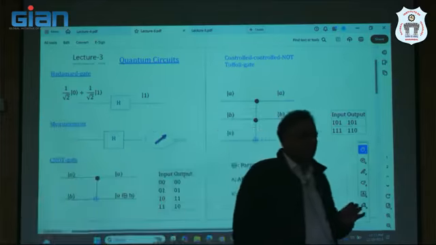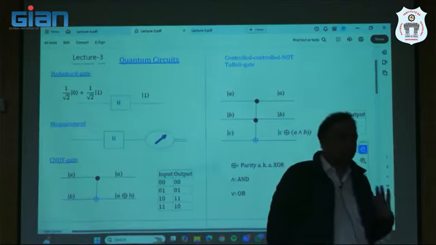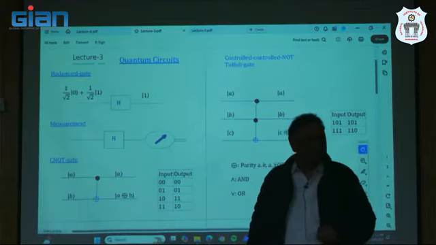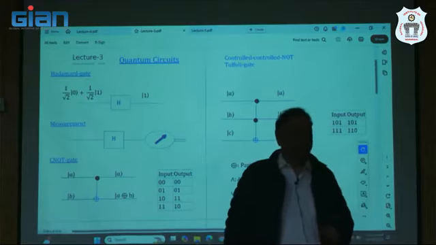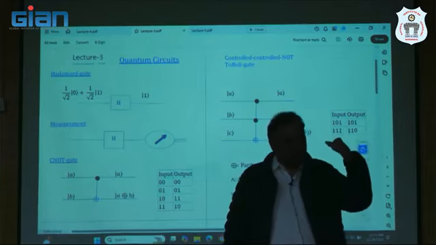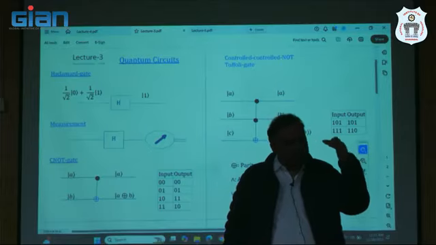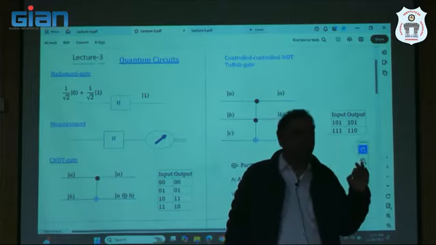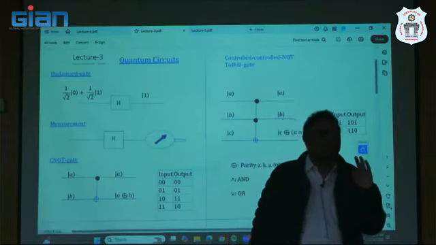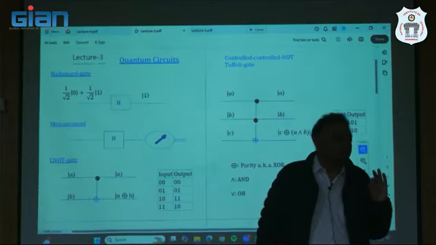That's the only meaning. The outcome is 0 or 1. Remember, once we do the measurement of the system, it collapses to one of the basis states. That basis state we are calling a classical output, and we represent it by double lines.